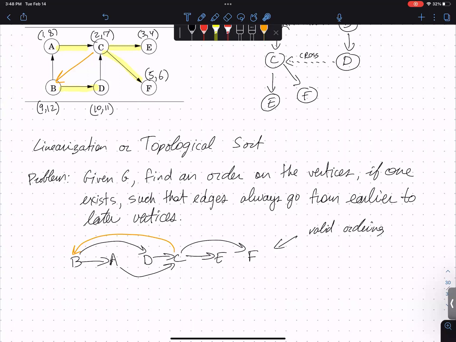Turns out the other direction is also true, meaning if you do not have a cycle, then you're guaranteed to have a linear ordering. If your dependency graph of classes doesn't have any cycle, then no matter how complicated it is, there's always an ordering of classes that you can take so that your prerequisites are satisfied.